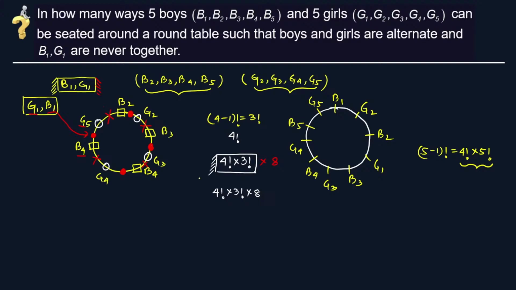Now, the total number of ways in our problem will be factorial 4 into factorial 5, where there is no restriction, minus the total number of ways when B1 and G1 are together.